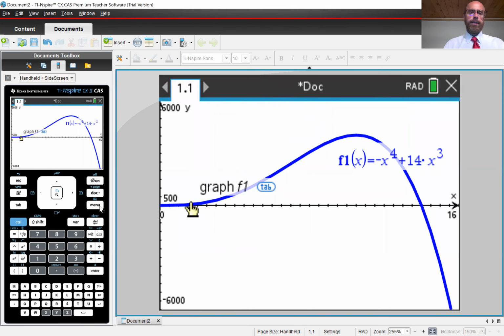So I'm going to again hit menu and I want to enter a graph. And here let's put our velocity function. So that one's negative 4x to the power of 3 plus 42x squared.